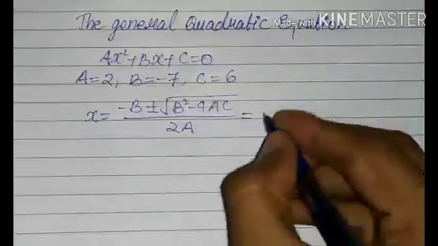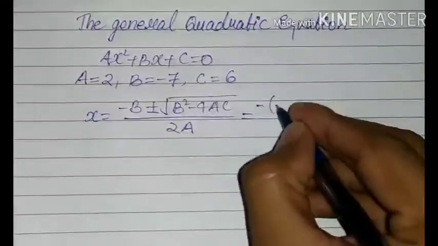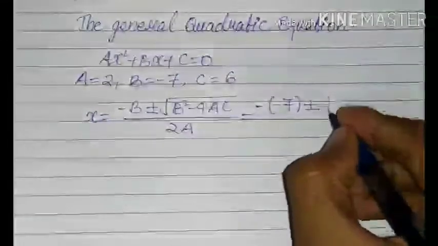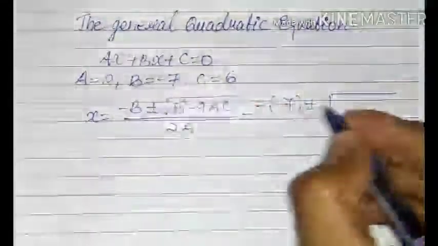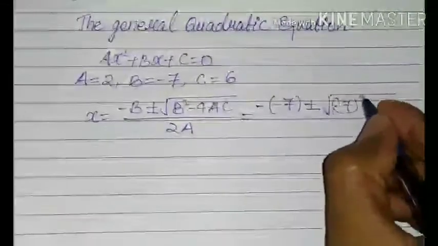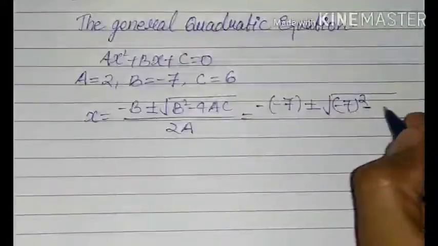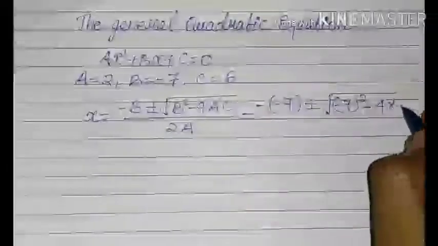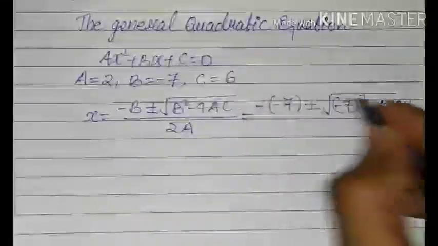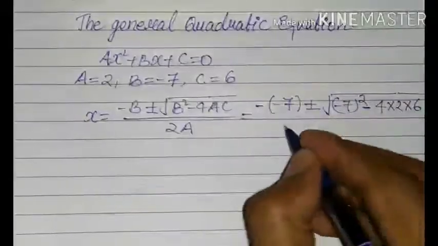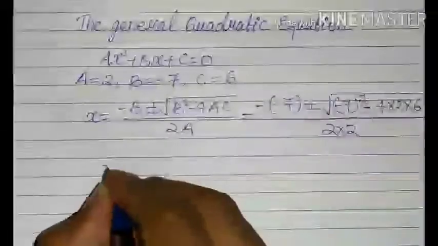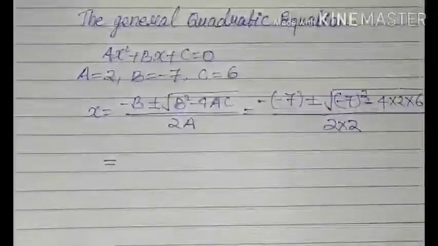Then it will convert into the form minus of the value of b is minus 7 plus minus root over b square means minus 7 square minus 4 into the value of a is 2 and the value of c is 6, upon 2 into the value of a is 2.